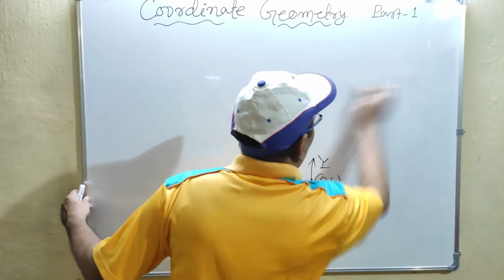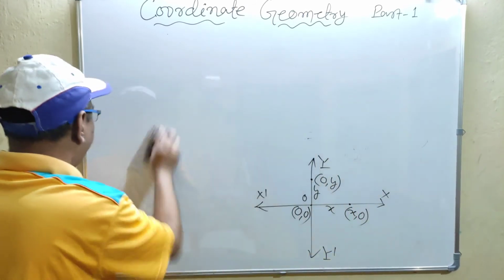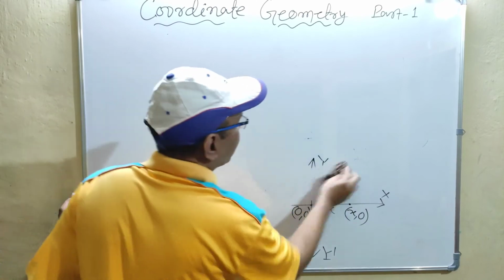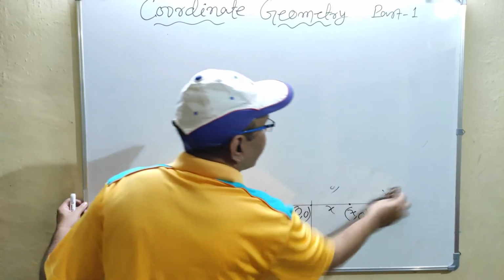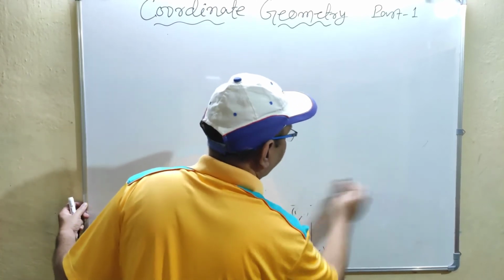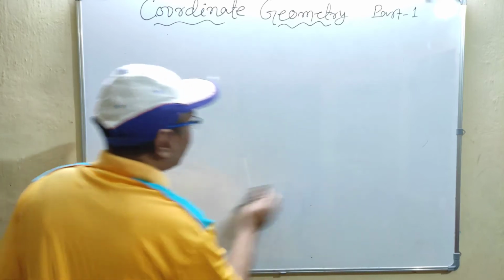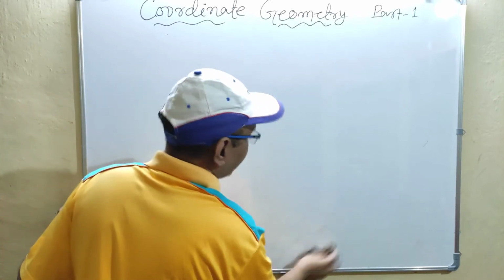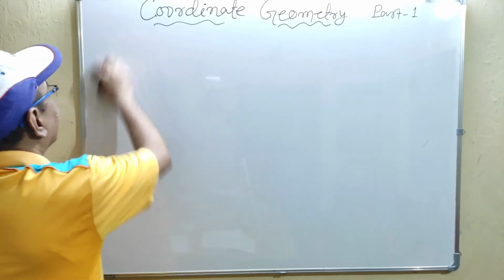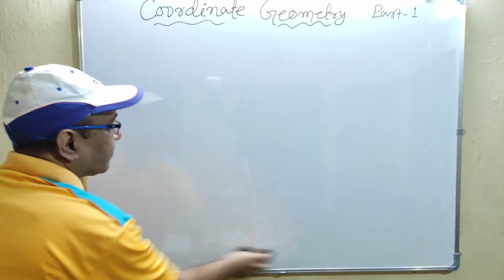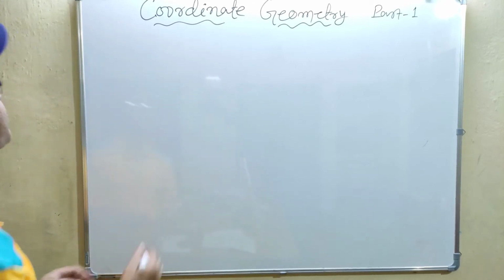Now the next thing is we have to find distance of 2 points. If coordinates of 2 points are given, we have to find their distance. Let us see.